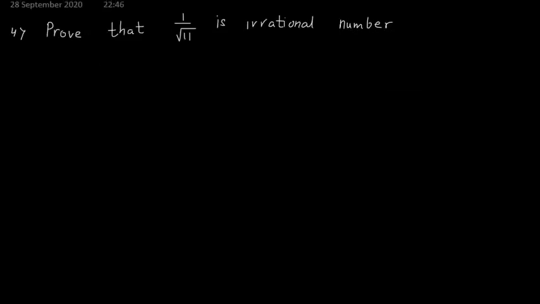Once you are familiar with these three problems, we will see the other problems. Okay, so I will meet you in the next class with the problem that we have to prove that 1 upon root 11 is irrational. Or what I suggest is that after doing these three problems, you try this problem by yourself. I am sure that you will be able to solve this problem.